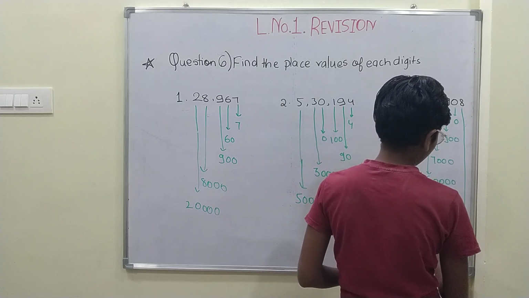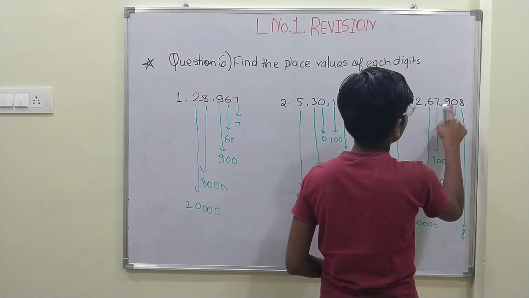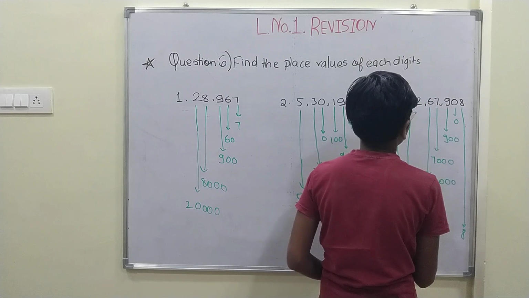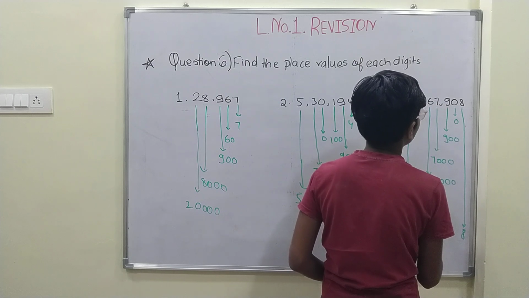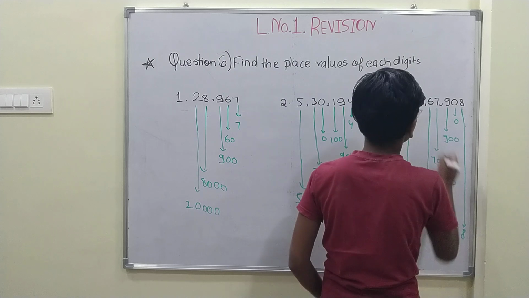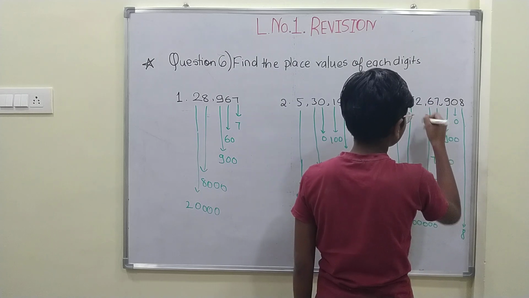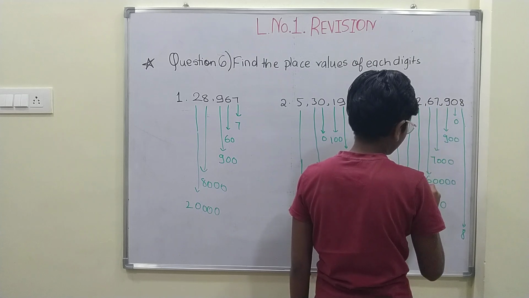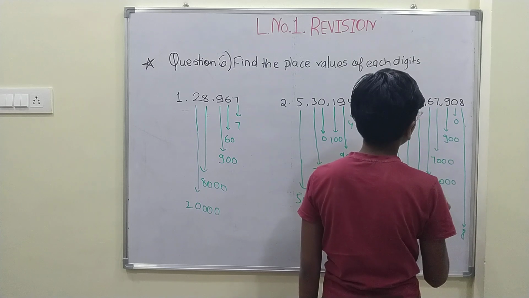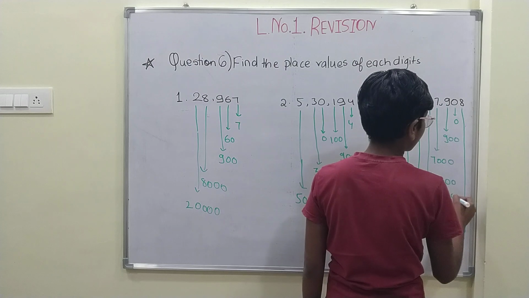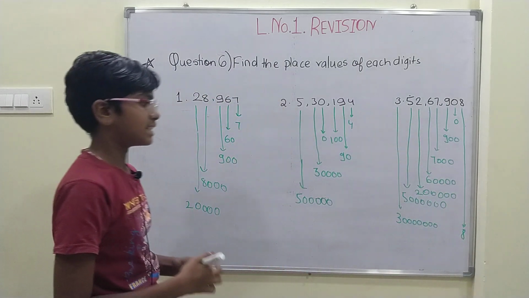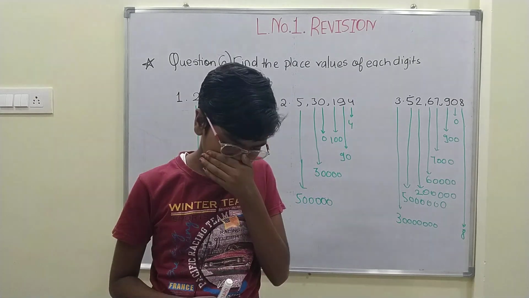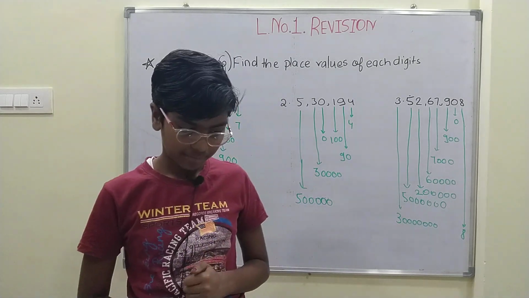Then 1, 2, 3, 4, 5, 6. Okay, and the place value of 2 is 2, then 1, 2, 3, 4, 5. That is it. These are the place values of all the numbers we were going to find.